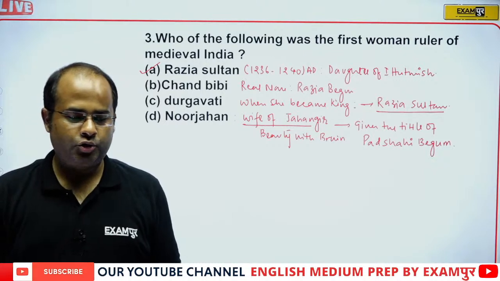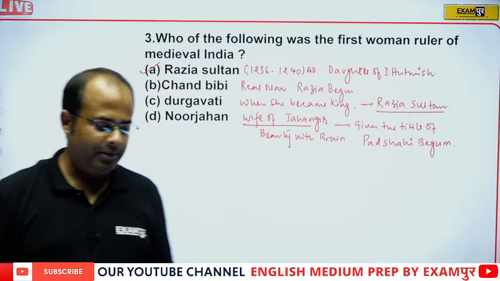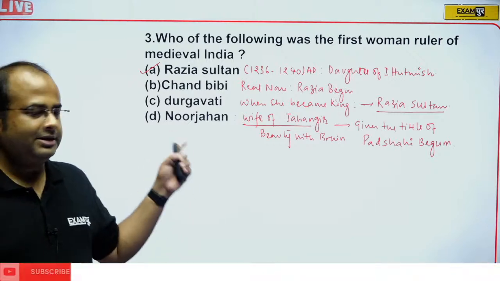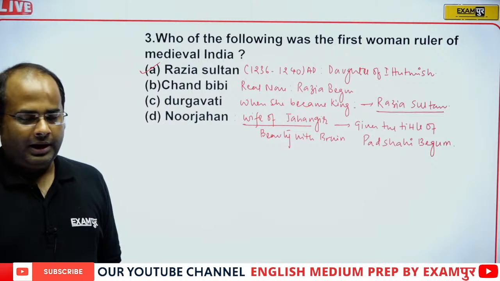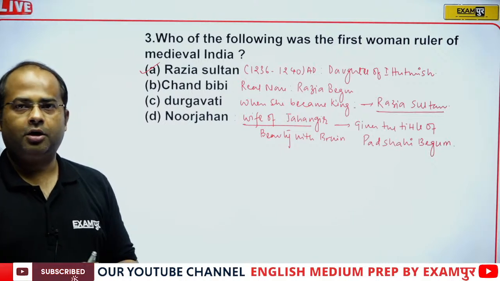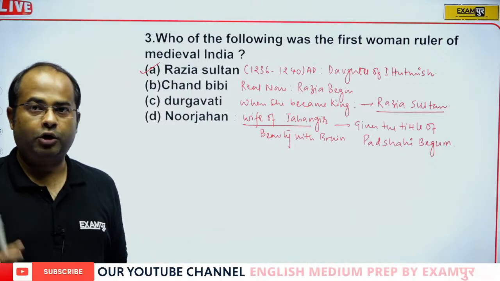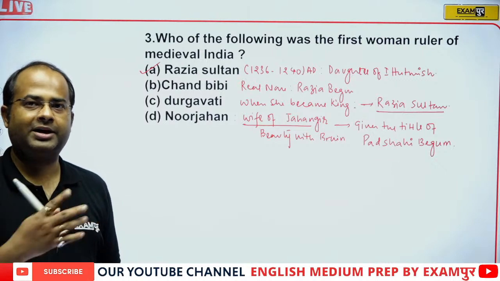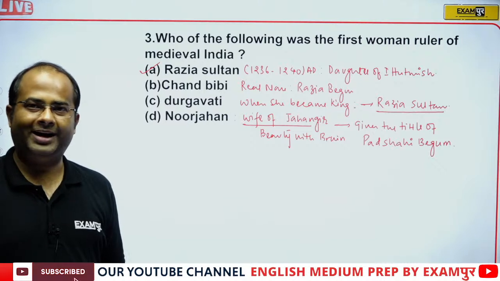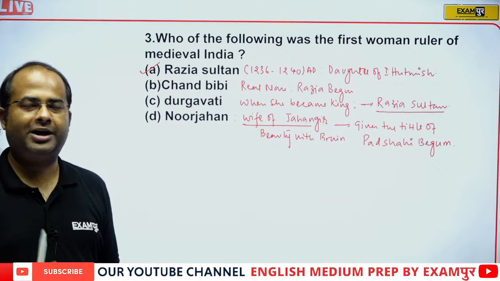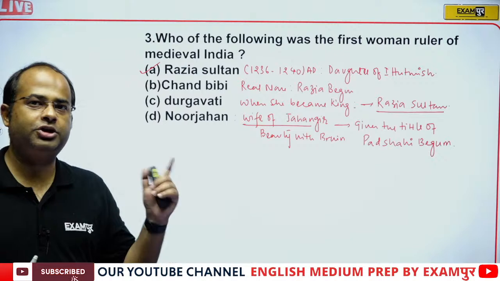I hope, guys, that should be clear to all of you. Then we will be moving to the next question. Is that clear to all of you, guys? And Noor Jahan was given the title of Padishahi Begum by Jahangir because the royal stamp of the Mughals was kept by her. On any order, if you put that royal stamp, it becomes an official order.